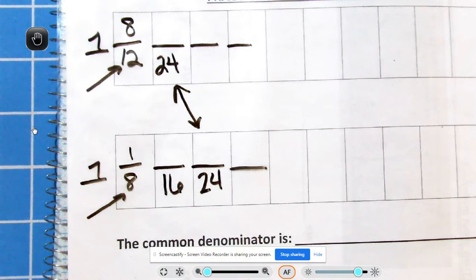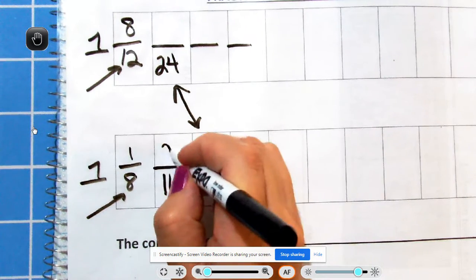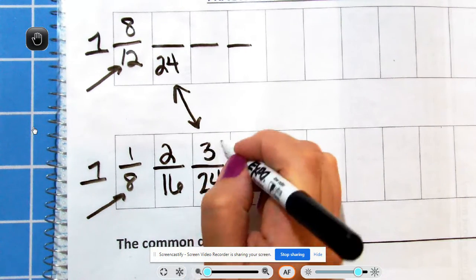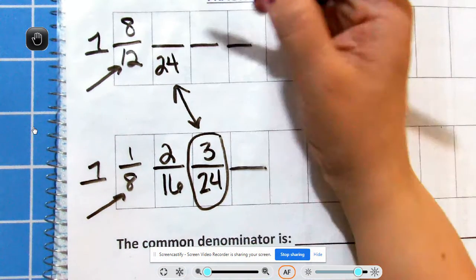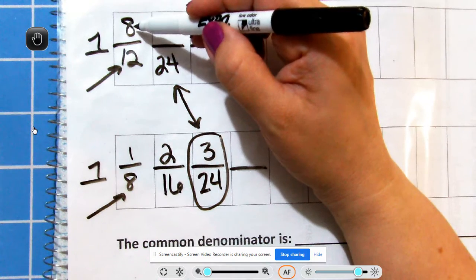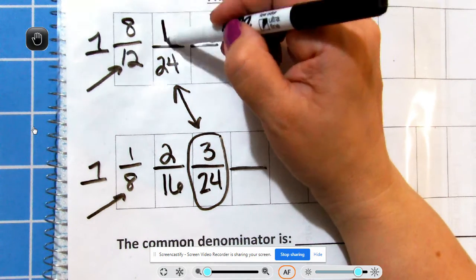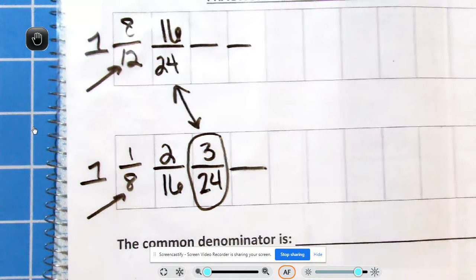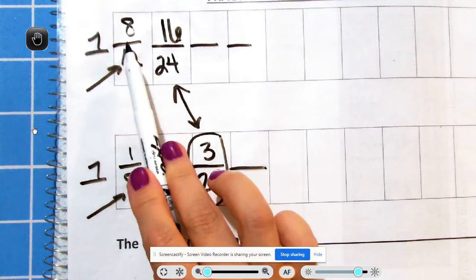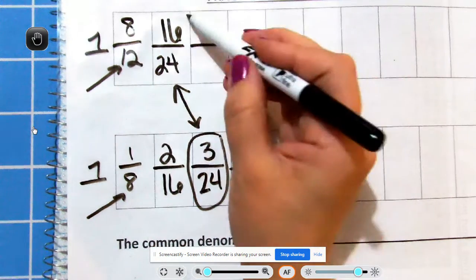All right, now we have to count by the numerators to get our equivalent fraction. 12 times 2 is 24. 8 times 2 is 16. You cannot forget that you have whole numbers.